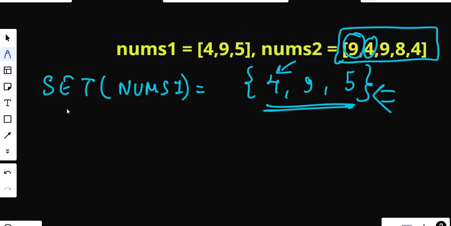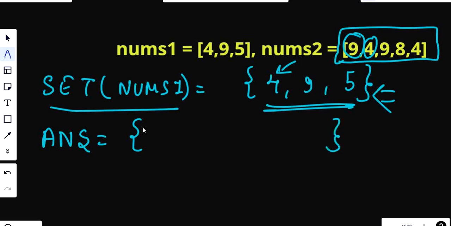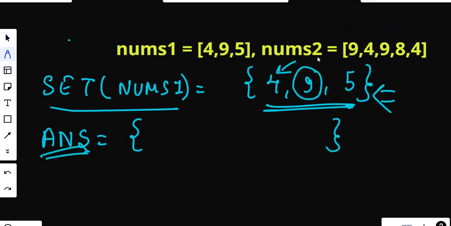So when I created the set of nums1, I will also create a set of answers. This is an empty set right now. Now traverse through nums2 and find whether these elements are present in the set of nums1 and in answer. Why am I going to check in both? Because we can see that the numbers have frequency more than 1.